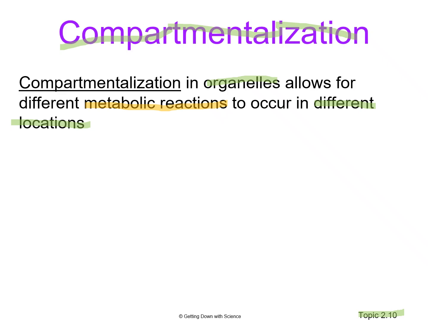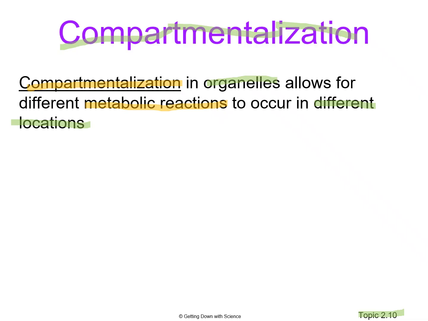Cellular respiration occurs inside the mitochondria. However, there are different stages of cellular respiration, and each stage will take place in a specific region of the mitochondria. So the mitochondria is compartmentalized because there are different compartments inside of this organelle that allow for specific stages or specific types of metabolic reactions to occur.